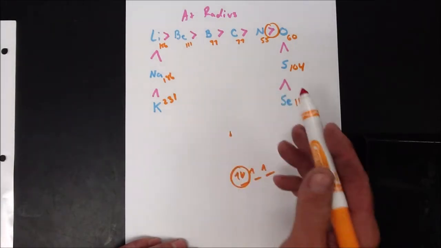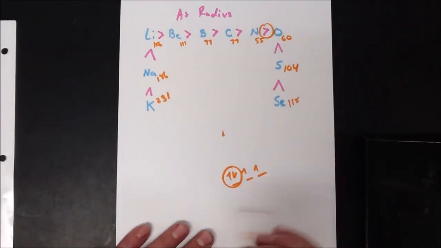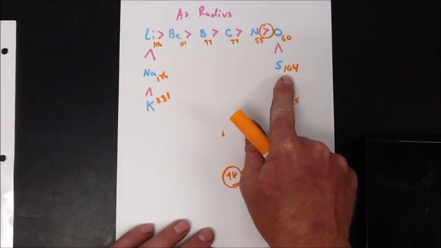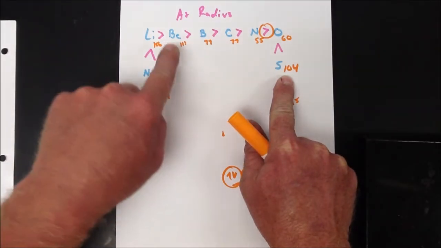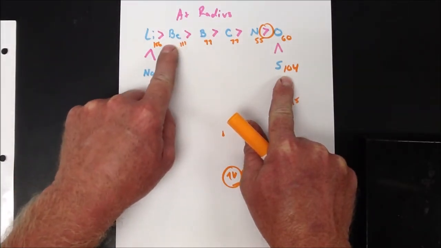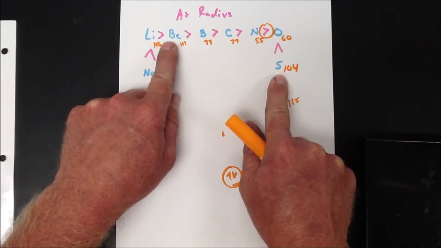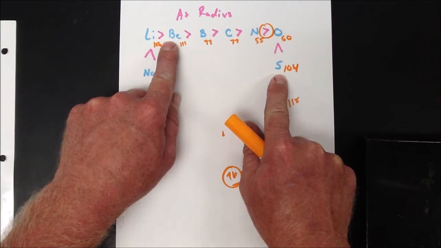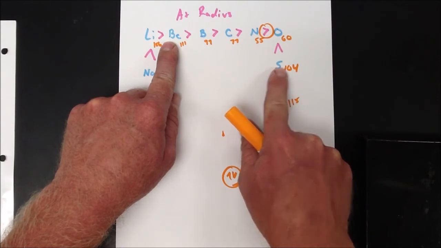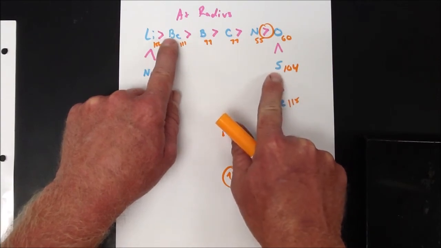Now, diagonals the other way is where we occasionally get into some trouble. If we take a look, here's sulfur, and here is beryllium. And what we find is sulfur is smaller. And it's not that we can't do that. It's just not what we would predict. And when it's not what we would predict, that's when we've got to make sure we're using proper vocabulary. Okay, so evidently it's not the greater shielding, because if it were greater shielding, sulfur would be bigger than beryllium.